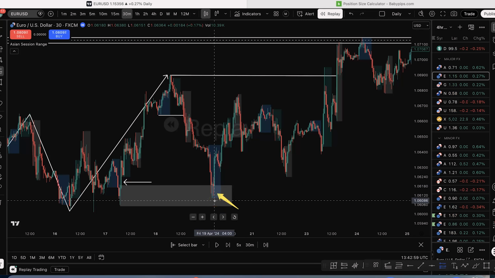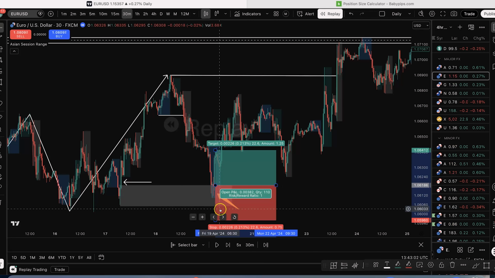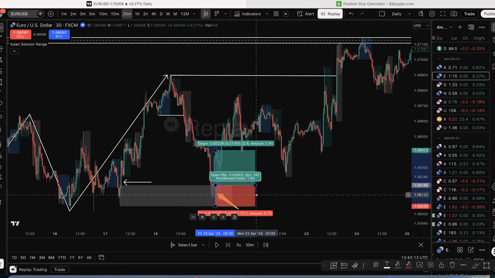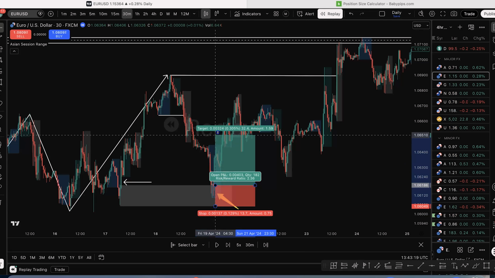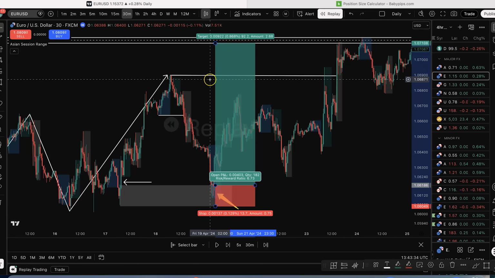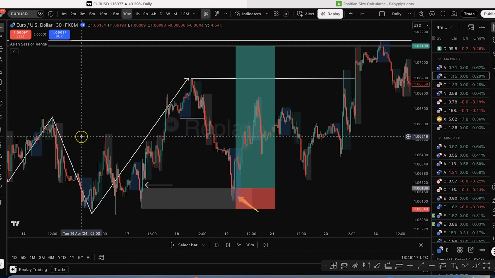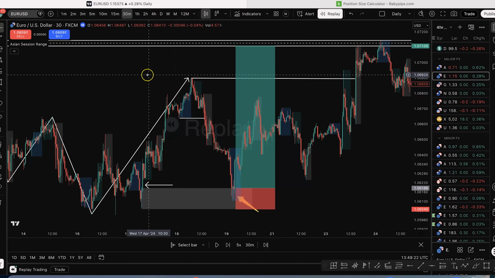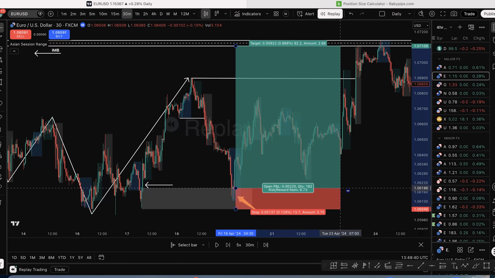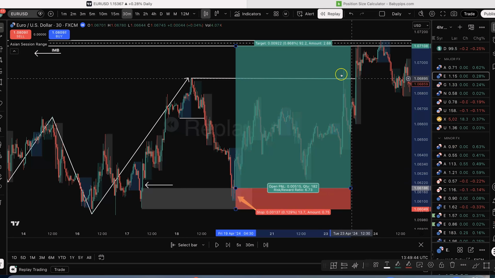Our buy position then, for a nice, simple setup, would be buy limit on the demand zone, stop loss beneath the demand zone, and then target into either previous highs in the trend or open areas of imbalanced supply or demand. In this instance, because we are now in an uptrend, our target would be this open, imbalanced supply zone. And as you can see, the market trades through and fills into this region.